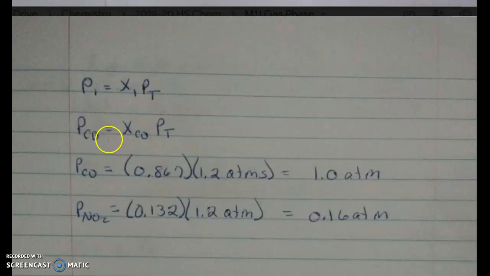So for carbon monoxide, we multiply the mole fraction 0.867 times the total pressure, 1.2 atmospheres, and remember the mole fraction doesn't have a unit. That gives us 1.0 atmospheres. It only has two significant figures because 1.2 only has two significant figures.